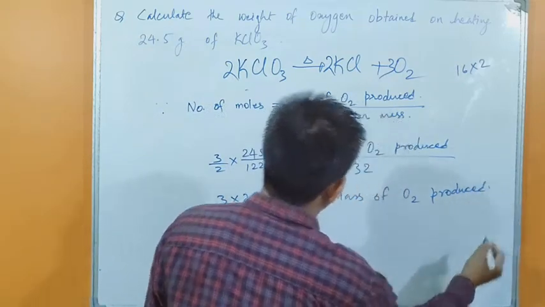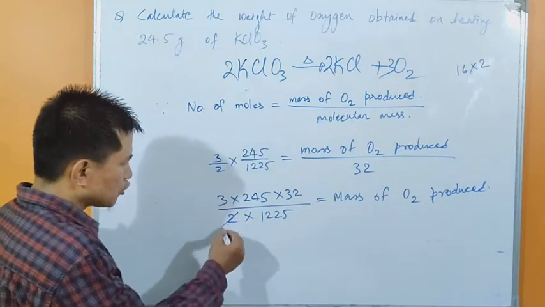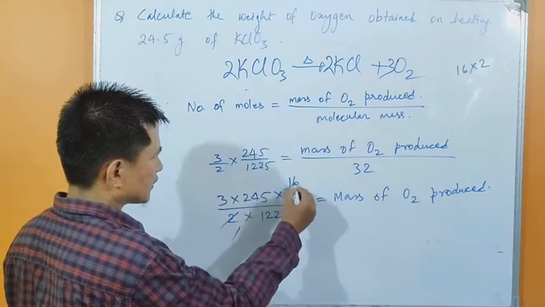Very simple. Let's cancel now. 2 1s are 2, 2 16s are 32.